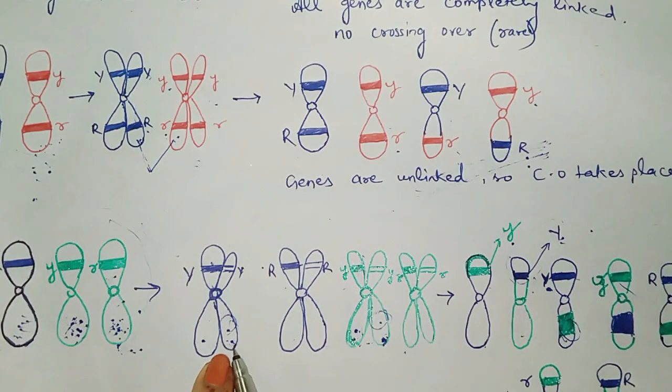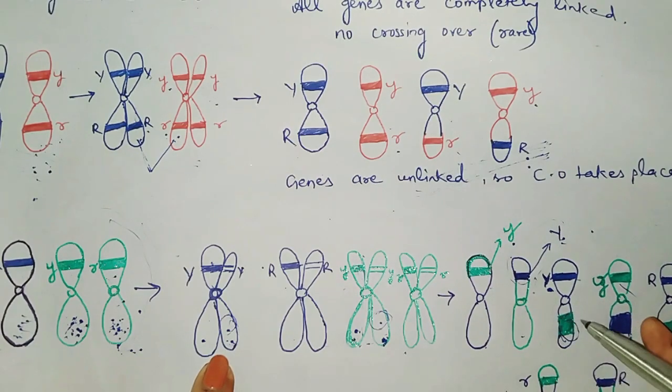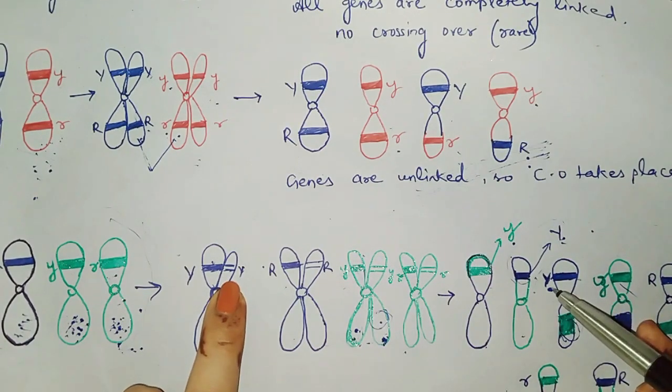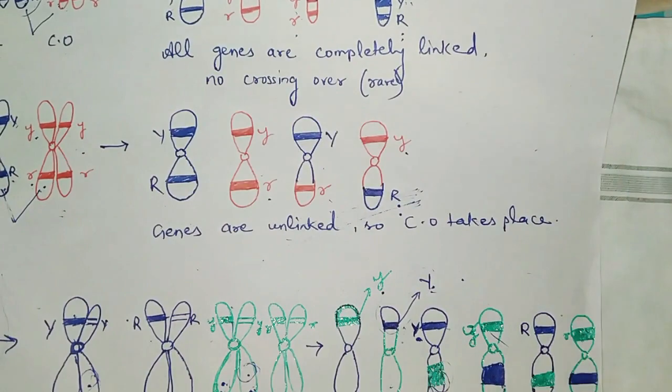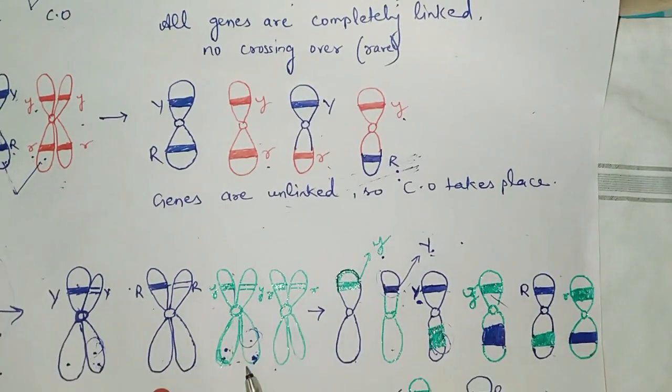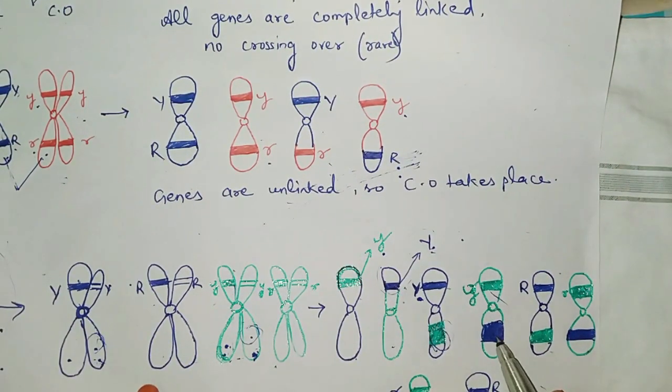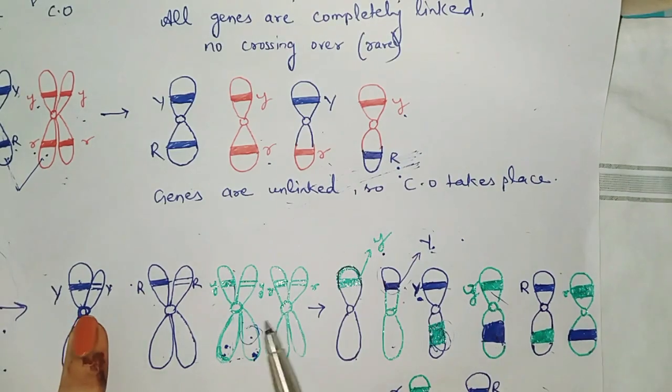So here this blue chromatid is having a small green segment in this place, but the same capital Y allele is present, and this green chromatid is having a small blue segment here and the same small y gene.